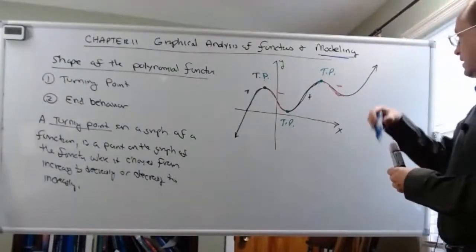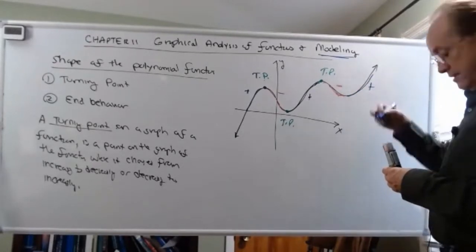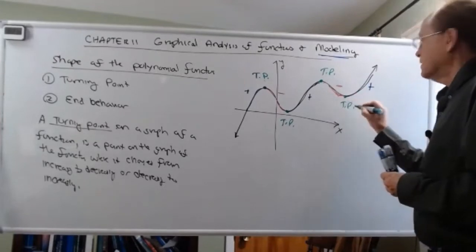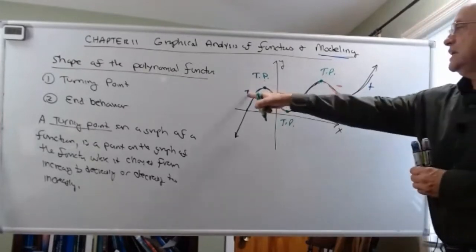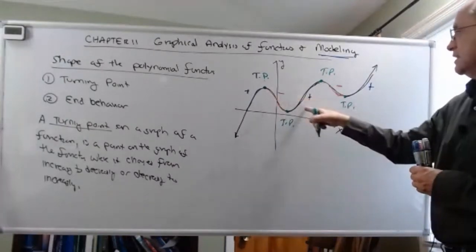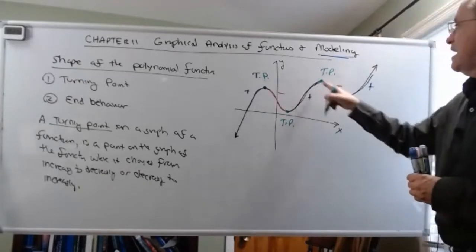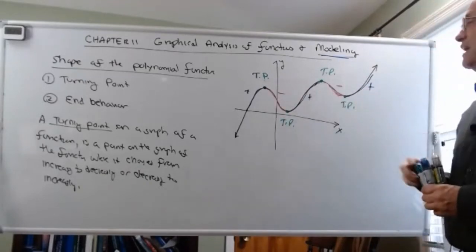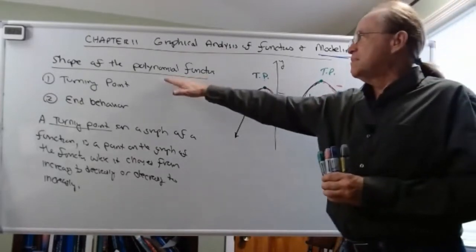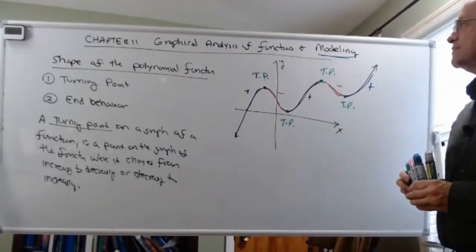And the last one over here, this is decreasing. On the other side of this, it's increasing. So here I have another turning point. That's what a turning point is. Going from increasing to decreasing, or in this case, decreasing to increasing, will give you a turning point. It always occurs at the hills and valleys of the graph of that function, and that has to do with the shape of the polynomial function. So we know what a turning point is.